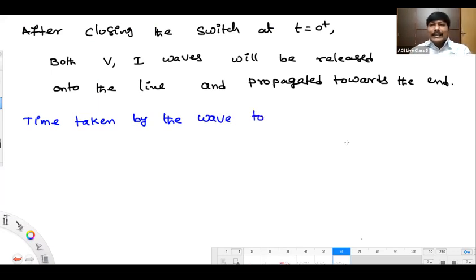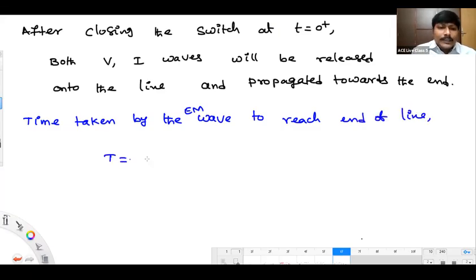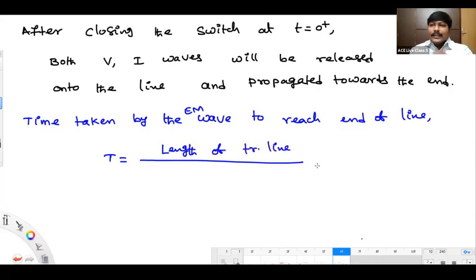Wave in the sense anything, be it a current wave or voltage wave. Simply you can write electromagnetic wave, EM wave, to reach the end of the transmission line. So capital T equals the length of the line, or the distance traveled by the wave, divided by the velocity of wave propagation.